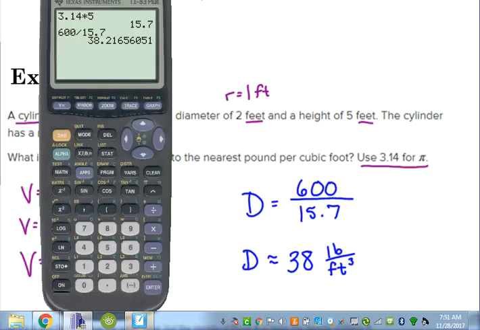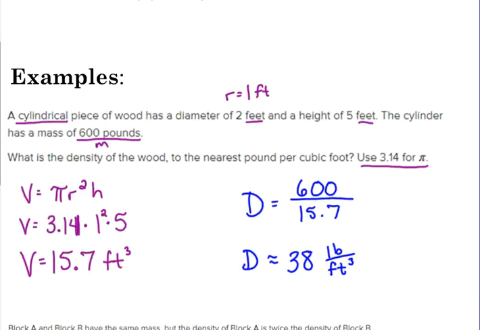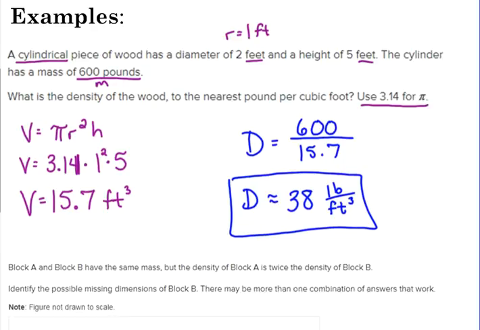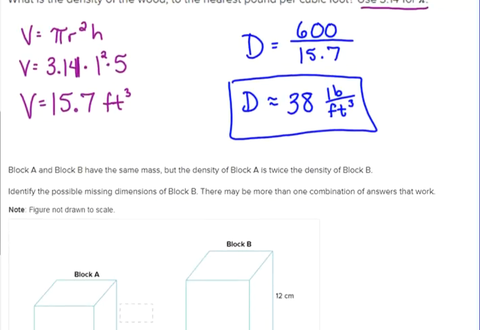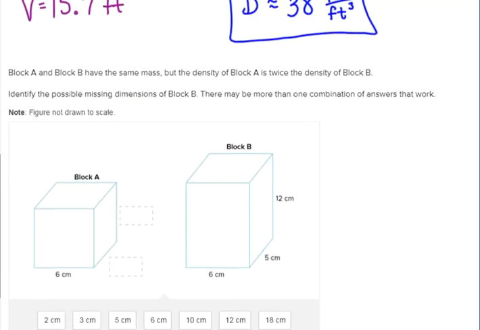It's a very simple formula, mass divided by volume. But with most of these problems, you're going to have to do a little bit of work to figure out probably the volume. Let's look at another one that has a little bit of a different perspective.